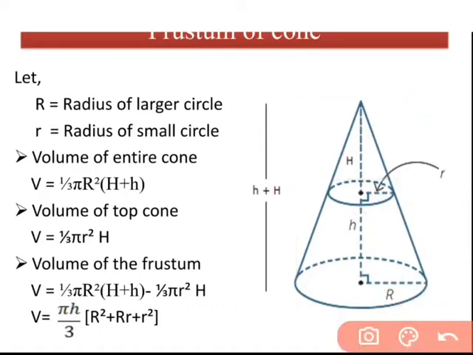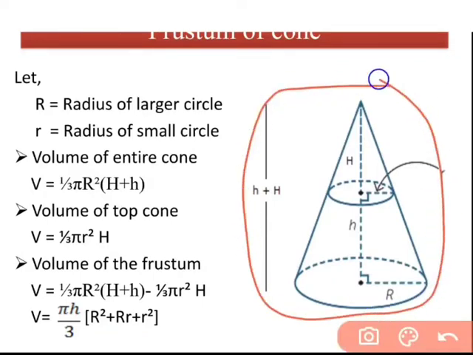And the total height is equal to small h plus capital H. Now for finding the volume of the frustum of cone, first we find the volume of the entire cone, that is this portion.